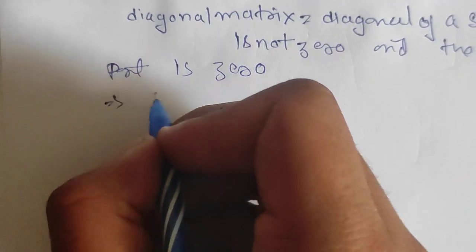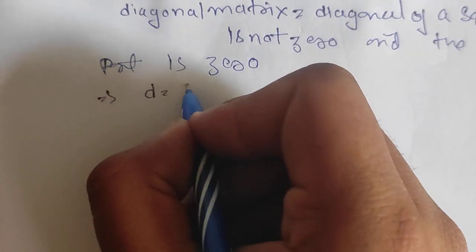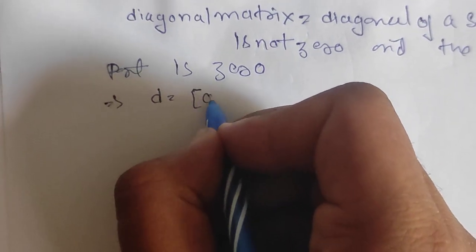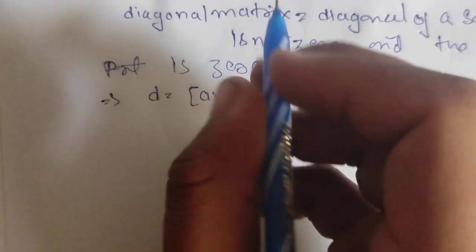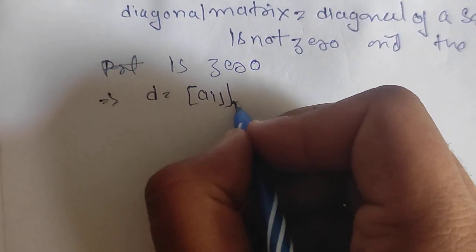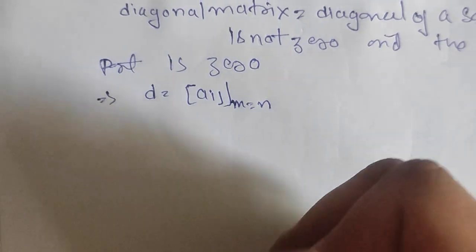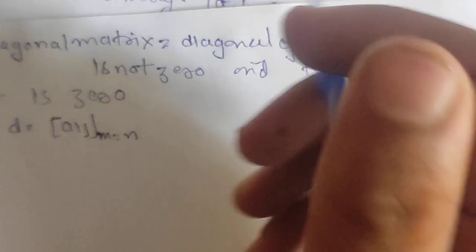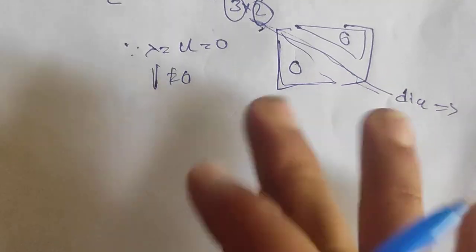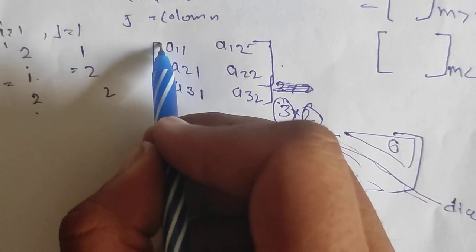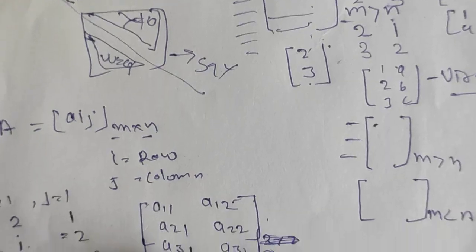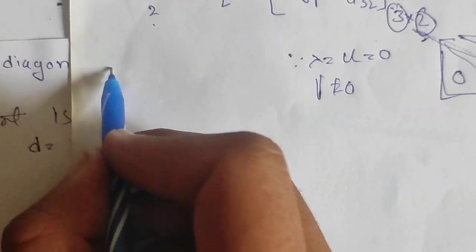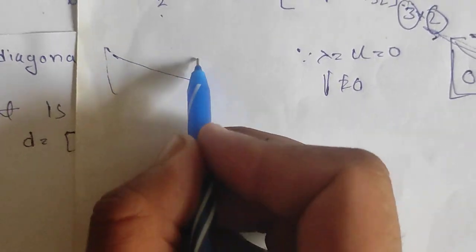So in the definition, if D is a diagonal matrix, we can say A_ij, since it is a square matrix M is equal to N, and we know in the diagonal, for a square matrix, the diagonal has the same value.